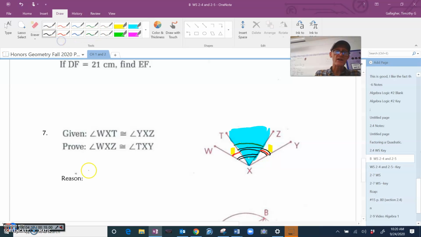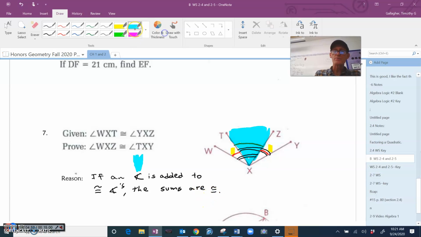So the reason is that if an angle, which in this case is this angle right here, is added to congruent angles, the sums are congruent.